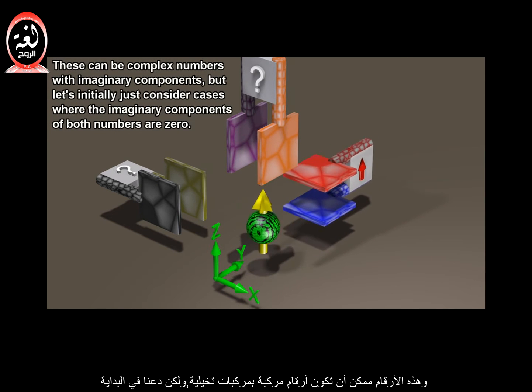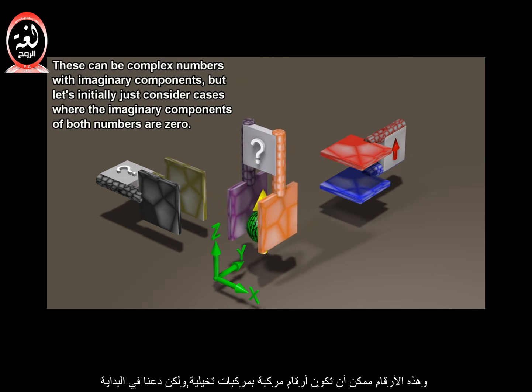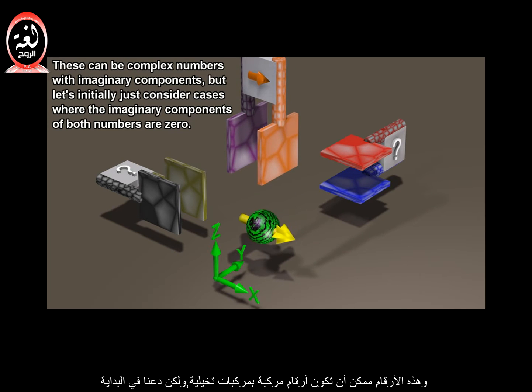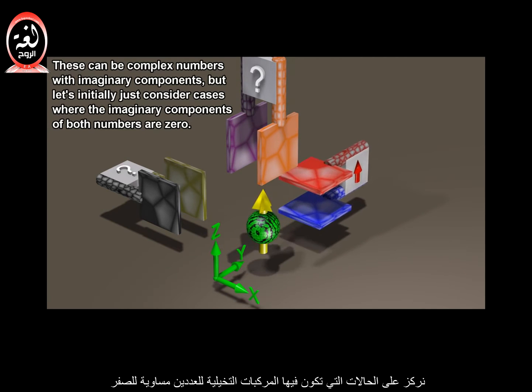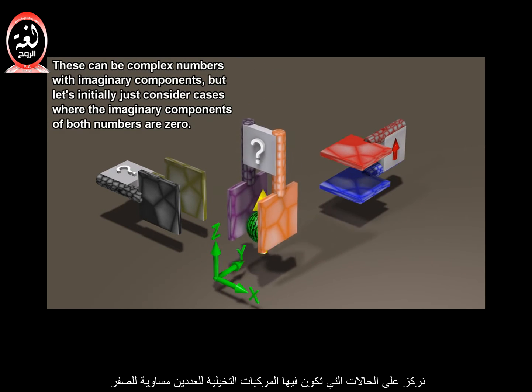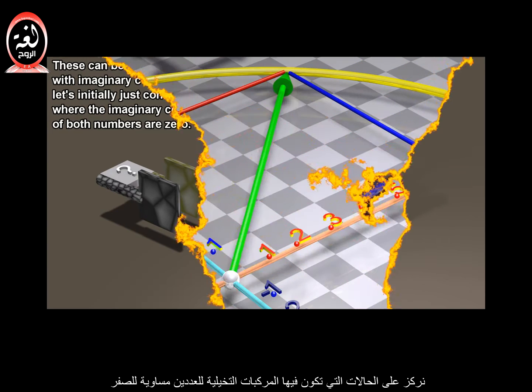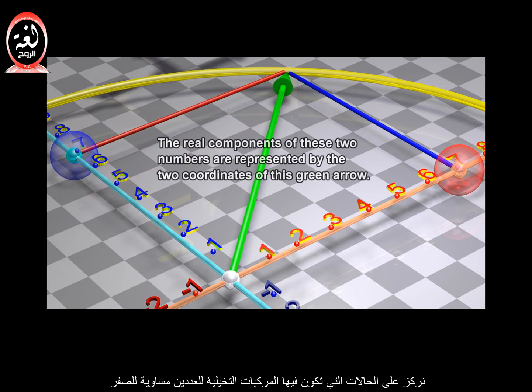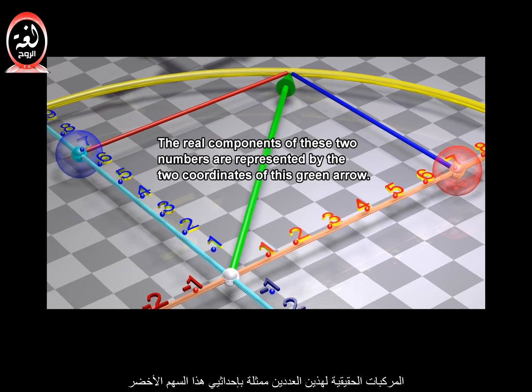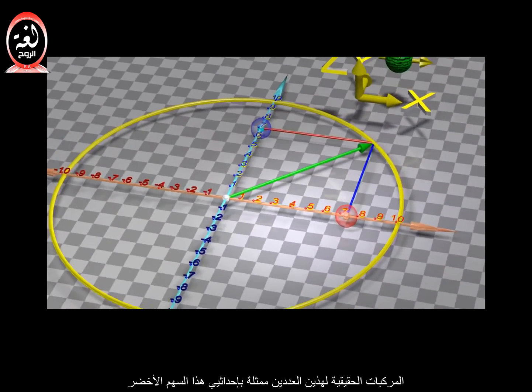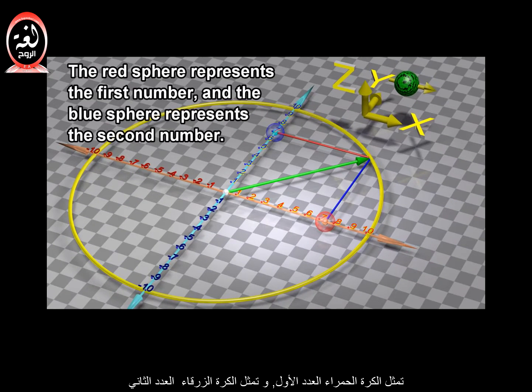These can be complex numbers with imaginary components, but let's initially just consider cases where the imaginary components of both numbers are zero. The real components of these two numbers are represented by the two coordinates of this green arrow. The red sphere represents the first number, and the blue sphere represents the second number.